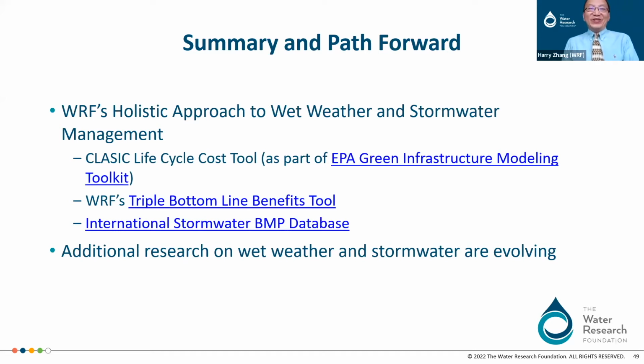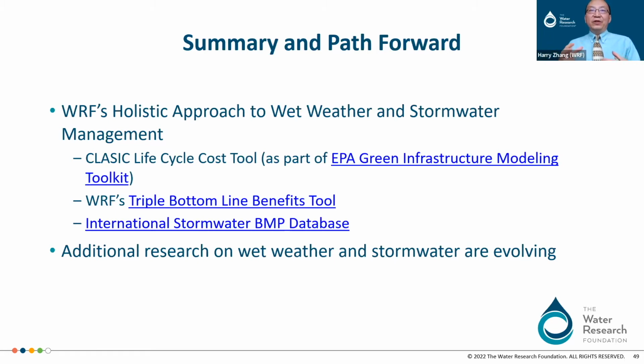This is a common question, and we heard a little bit of feedback on it. The answer is that the two tools have different applications. The CLASIC tool, because the original funding source was US EPA, focuses on the US region.